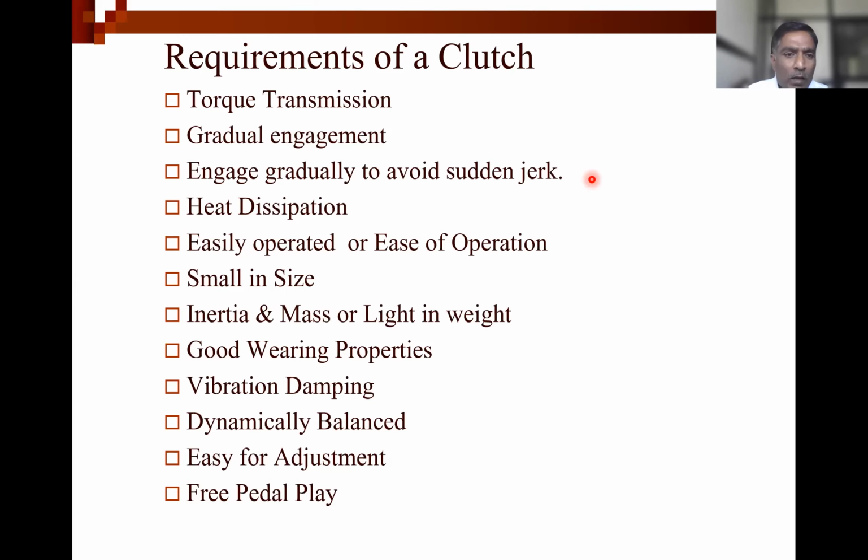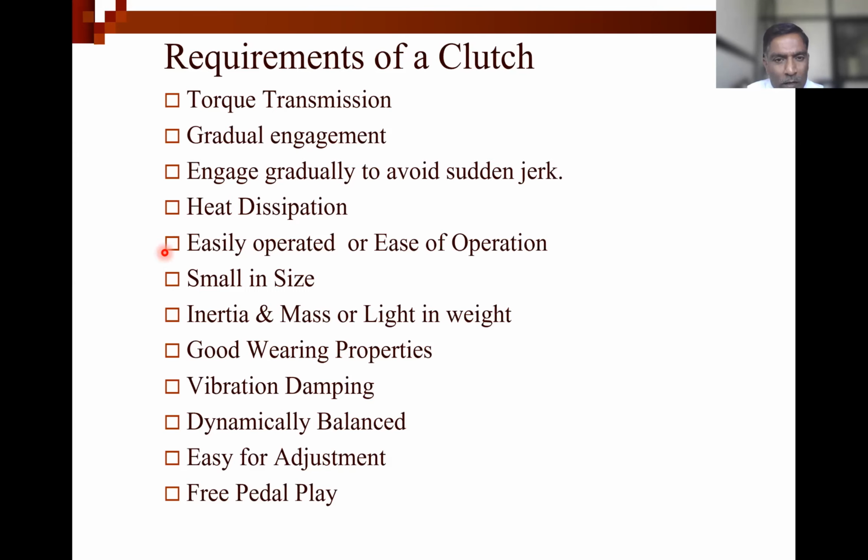Then it should have ease of operation. Whatever force or press is required should be less. It should not cause any fatigue to the driver.